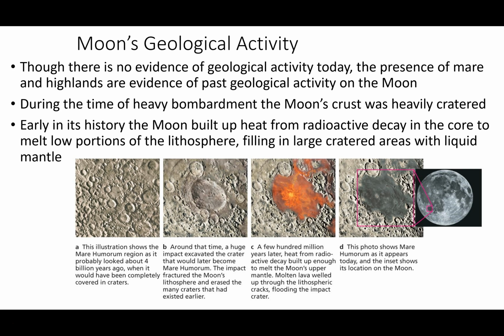There's not a liquid part to the moon like there's a liquid part in the interior of the Earth. That's to do with the moon's size. But early on, if you went much beneath the crust that was solidifying, you would get molten material. So what happened, it was struck and it thinned out the crust where it was struck, and that molten material came up and then solidified to make those mare.